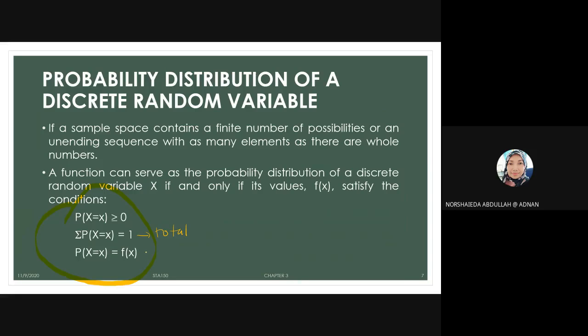Kalau you refer pada buku pun, sometimes they use P as the notation and sometimes they use F as the notation of the PDF, the probability distribution function. So contoh katalah probability X equal to 2, we can also write it as f(2). Maksud dia sama lah. f(2) ni maksudnya probability X equal to 2. Right? You can write it as P and also can write it as f.